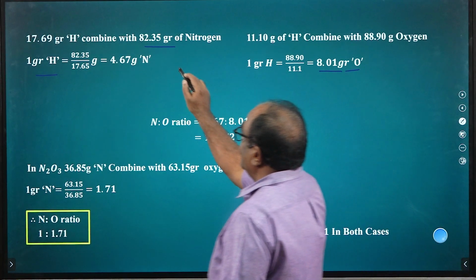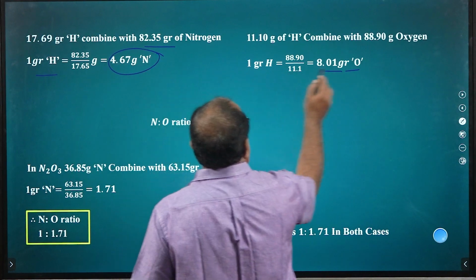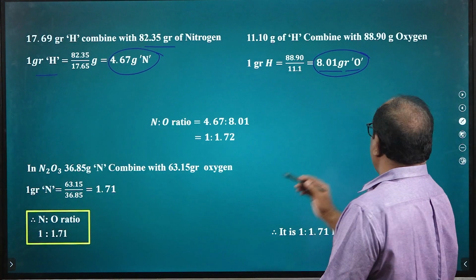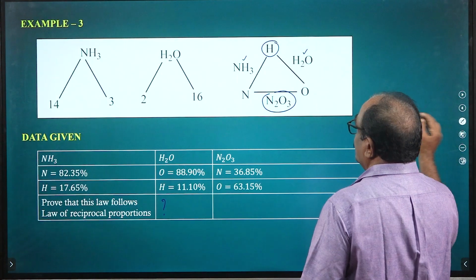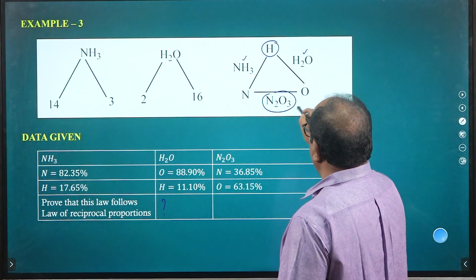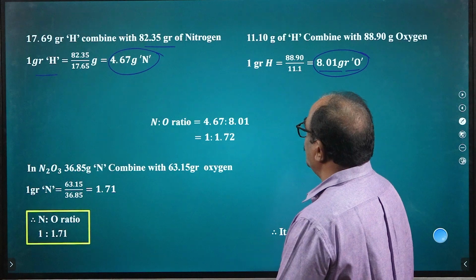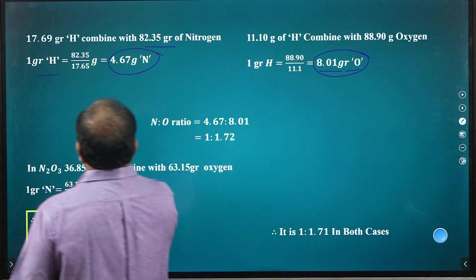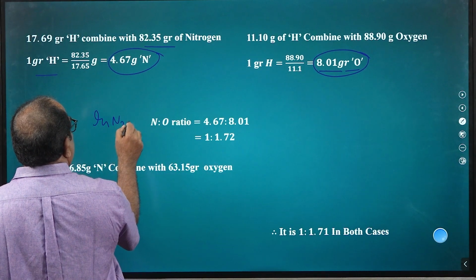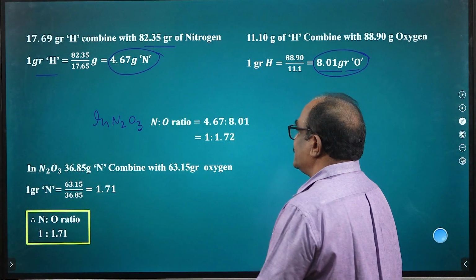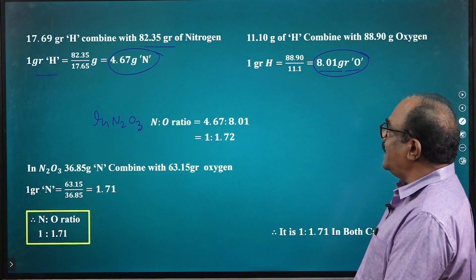If nitrogen and oxygen combine to produce dinitrogen trioxide, N2O3, as given in the question, what will be the nitrogen-oxygen ratio? I need to make the calculation.